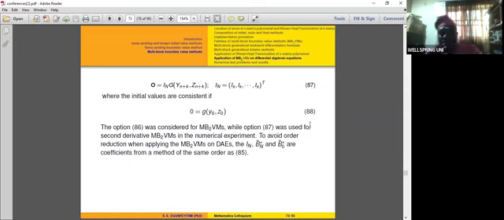Option 87 is peculiar with second derivative in numerical experiment. To avoid order reduction when applying multi-block boundary value method on DAE, the coefficient of the derivative part must come from the method of the same order as 85. If not, there will be order reduction.